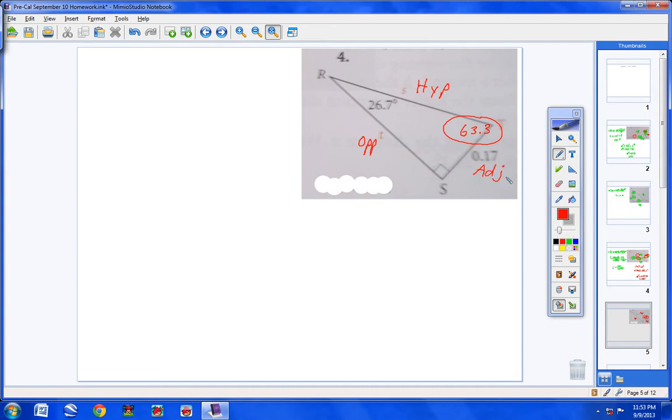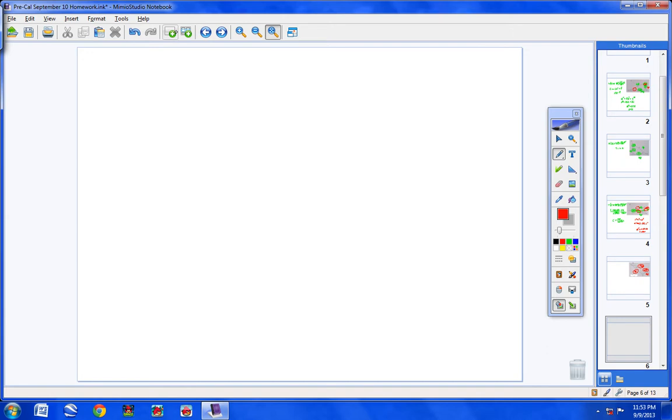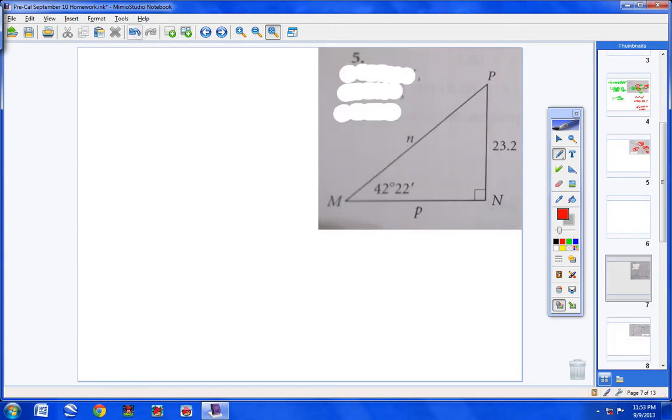Now, students, notice you do not know this side and you do not know this side. Those are your two unknowns, and they're called opposite and hypotenuse. So you definitely don't want to use sine, okay? If you use sine, you're going to have two unknowns. So we're going to have to use something other than sine. Sorry about that, I apologize.